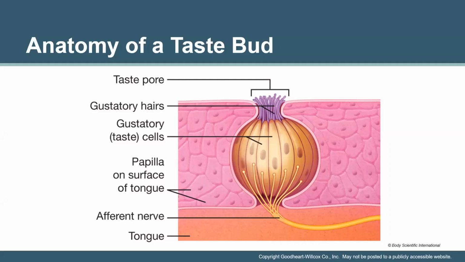Now, there are only five primary taste sensations. So we can taste things that are sweet, salty, sour, bitter, and my favorite one is umami. The word is fun to say, umami. Umami is the taste of beef as well as the taste of MSG.